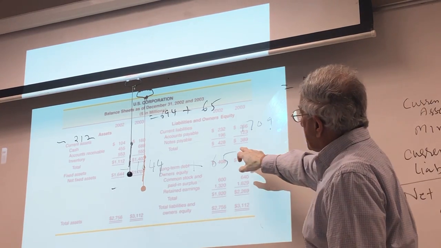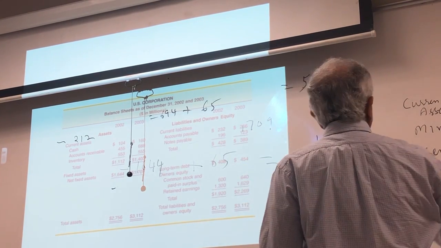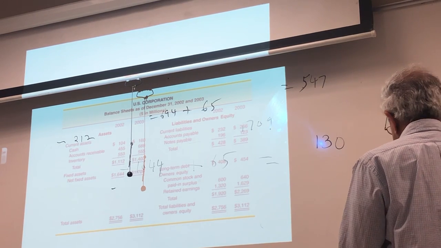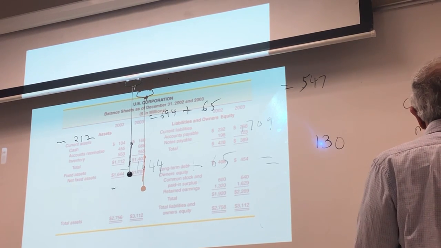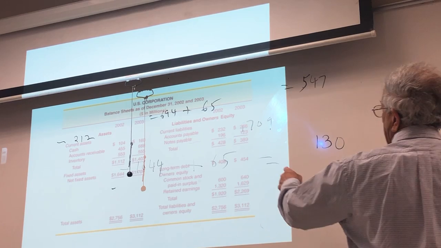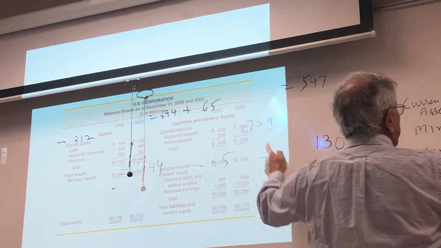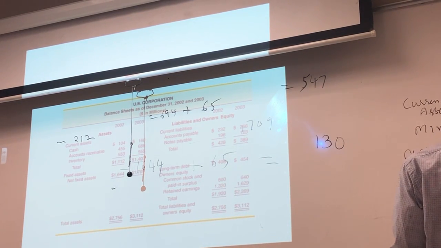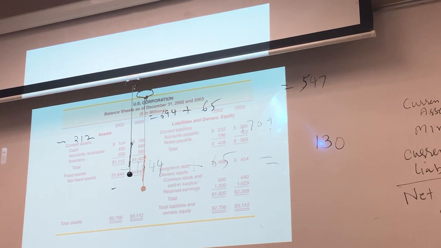Okay, and current liability is 428, should be 428, and 389. So now subtract this minus this number and this minus this number. So this will give you net working capital for 2002, and this will give you net working capital for 2003. And then you'll be able to answer the question.